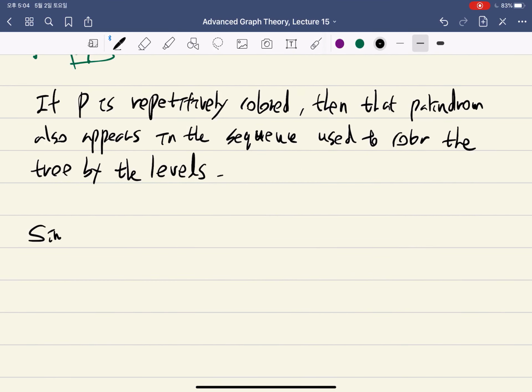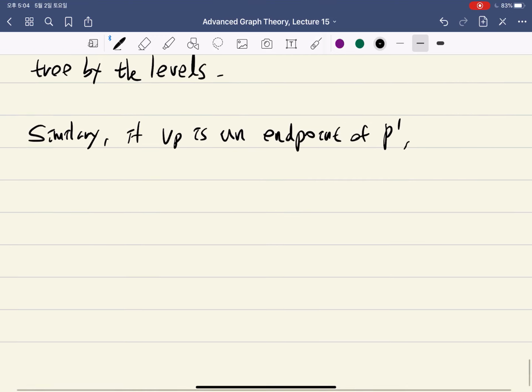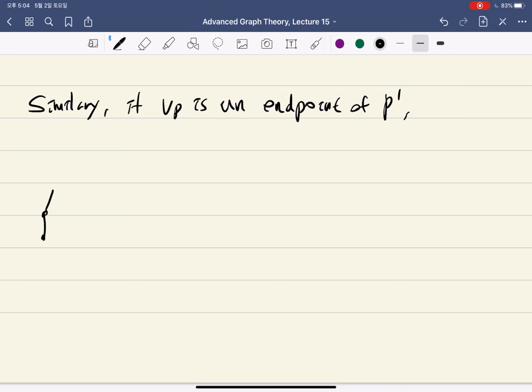And similarly, if BP is an endpoint of P prime, then what happened? We have BP, P prime, and then this pattern repeats from here to here.